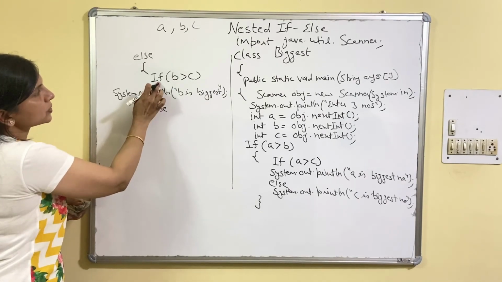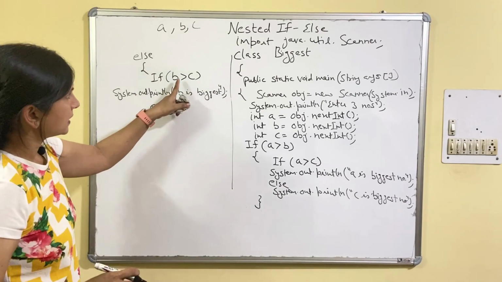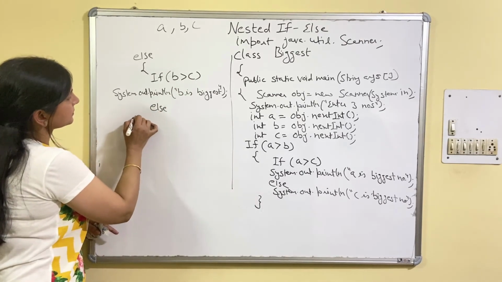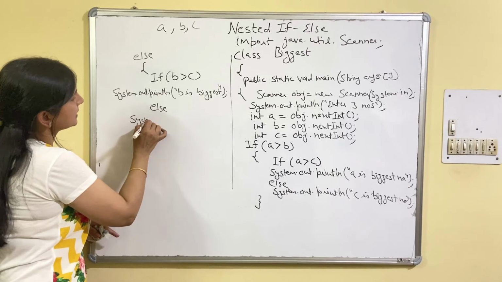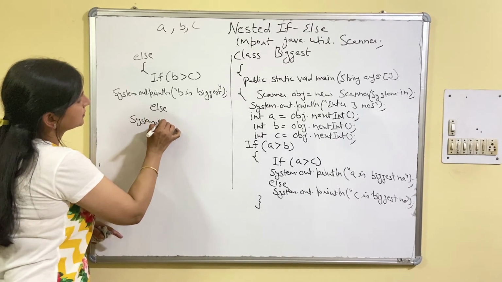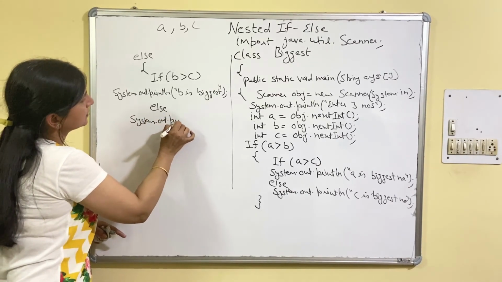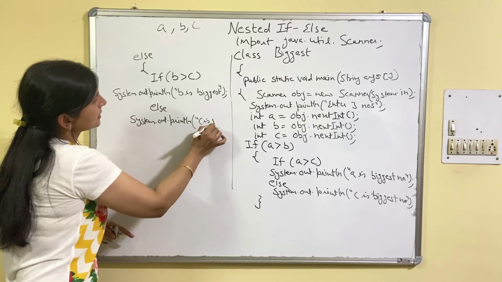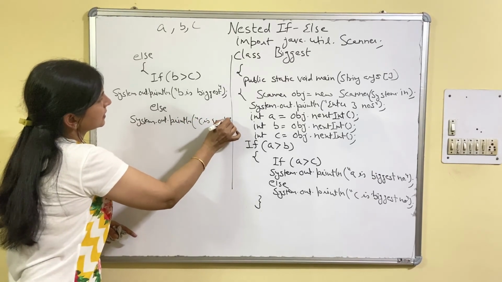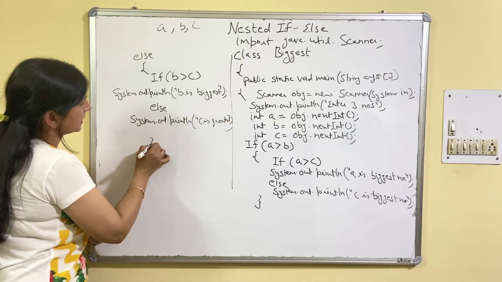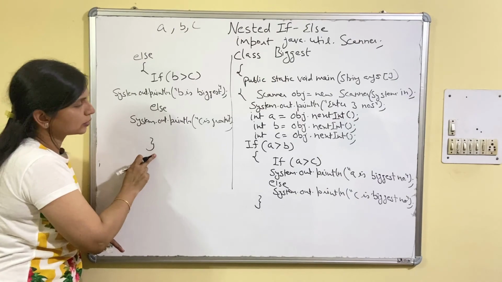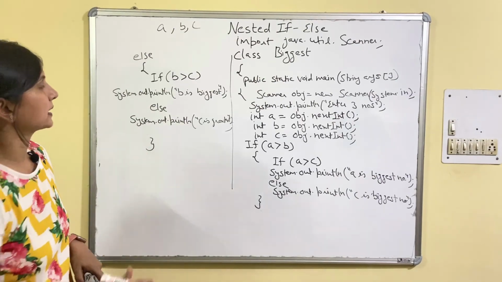Else, this is the else of this if, inner if. If b is not greater than c, then it will go to the else and display c is greatest. Fine. Then this is the opening brace of else part and this is the closing bracket of else part.